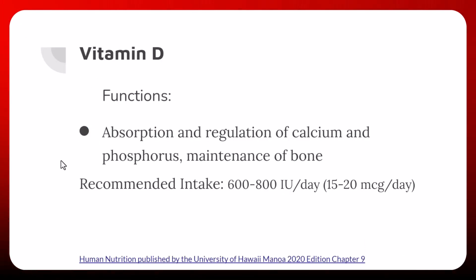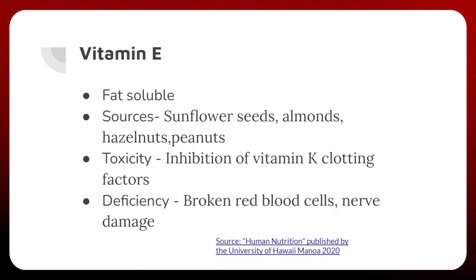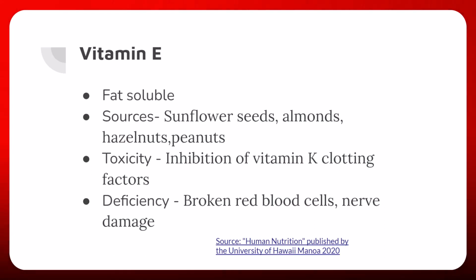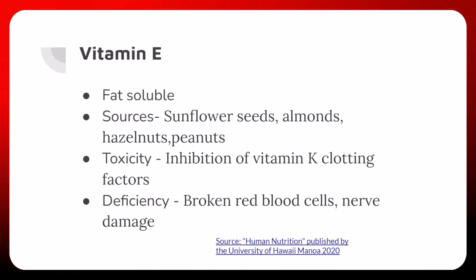Functions of vitamin D are absorption and regulation of calcium and phosphorus, and then the maintenance of bone. The recommended intake is 600 to 800 IU per day, or 15 to 20 micrograms per day. Next, we're going to talk about vitamin E. That's a fat-soluble vitamin. Its sources are sunflower seeds, almonds, hazelnuts, and peanuts.